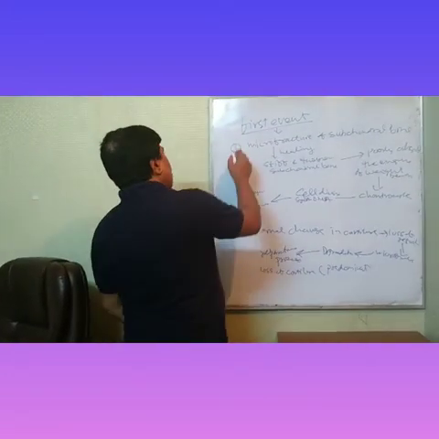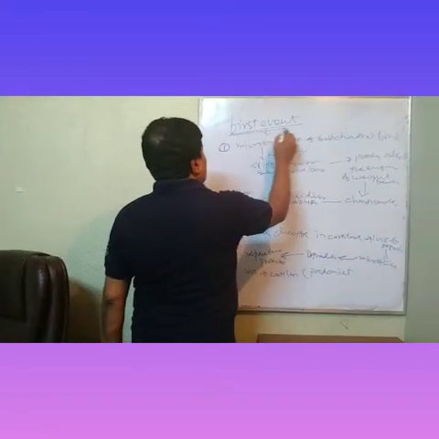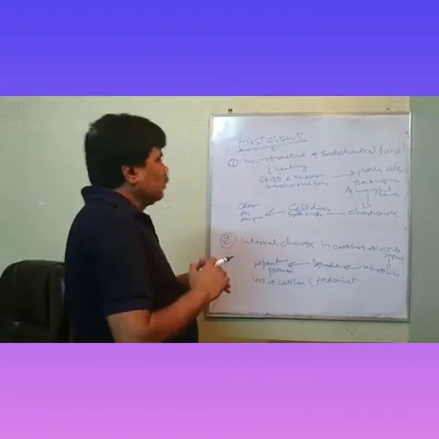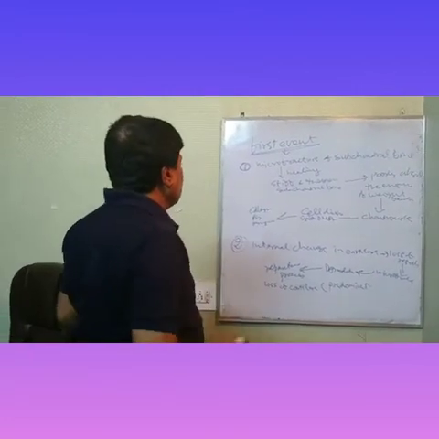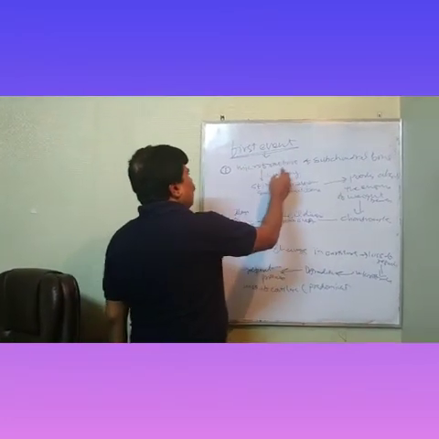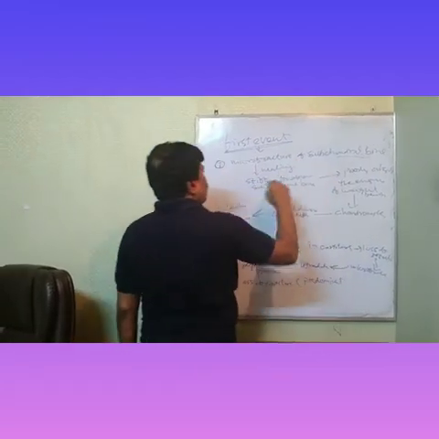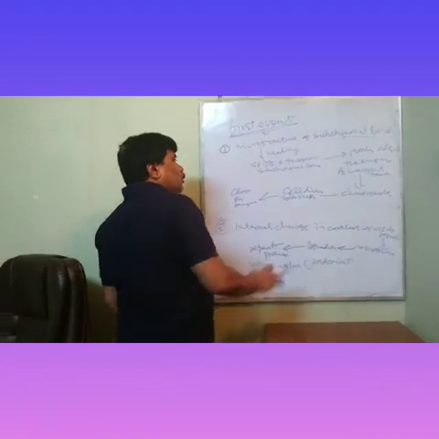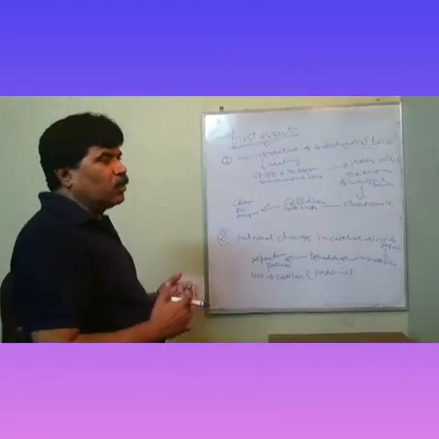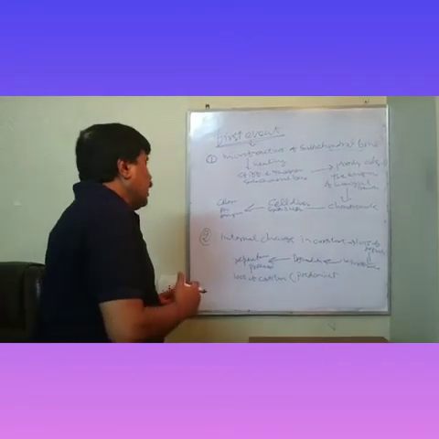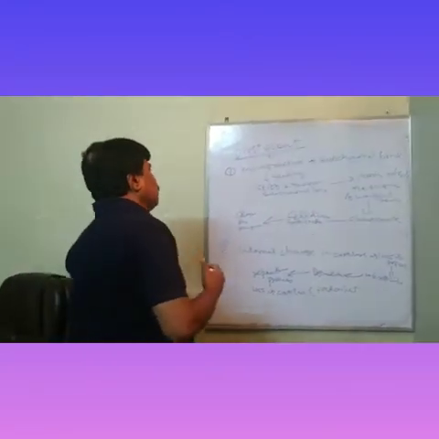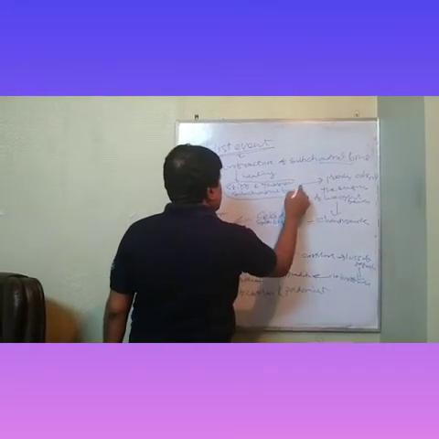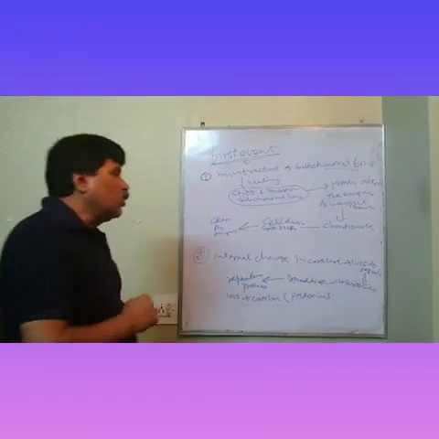There are two theories. The first theory is microfracture of the subchondral bone. While doing this activity, the first thing that happens is microfracture of the subchondral bone. If the subchondral bone gets fractured, the healing process gets started. Healing of the fracture leads to a stiff and thickened subchondral bone.